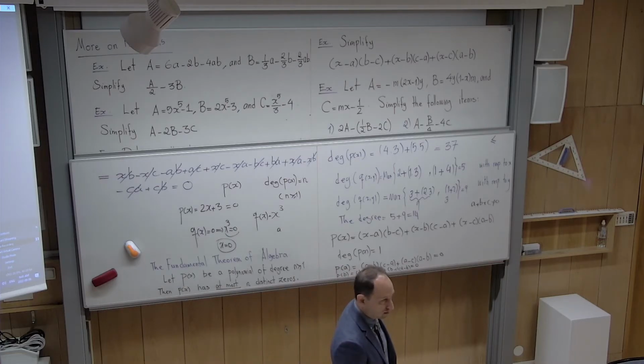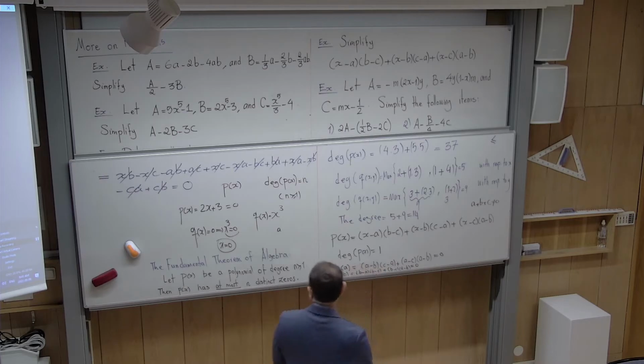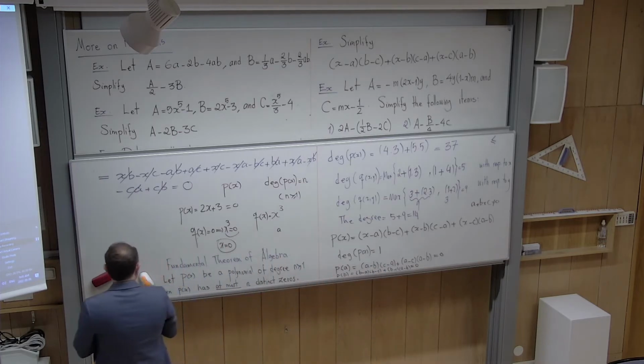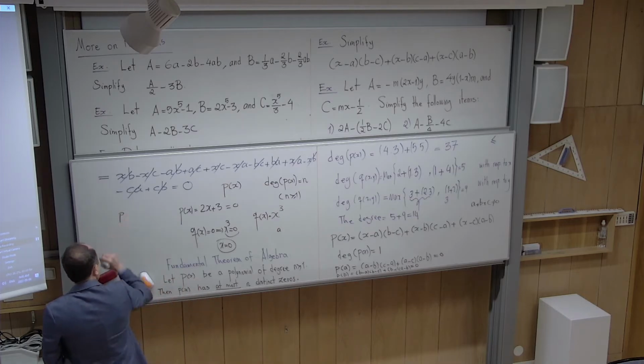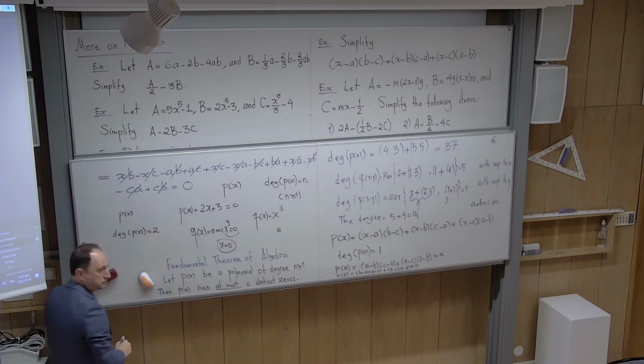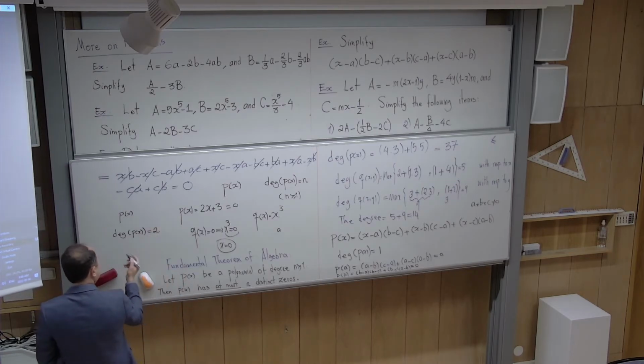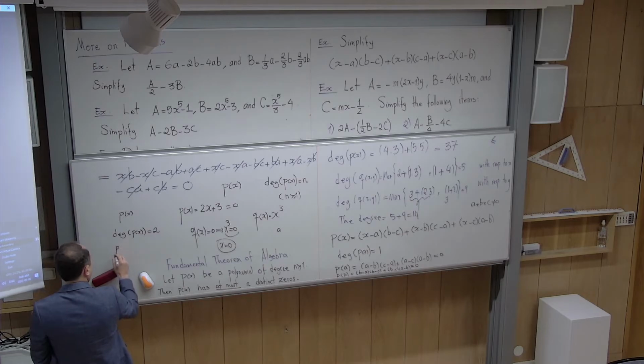Yes? Is that clear? So let me ask you this question. I have a polynomial P of x. I tell you that the degree of P of x is 2, but I simultaneously tell you that P of 2 is 0, P of 5 is 0, P of 7 is also 0. What is the conclusion you can get?